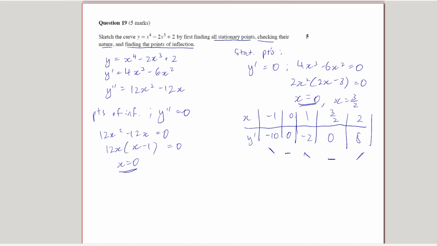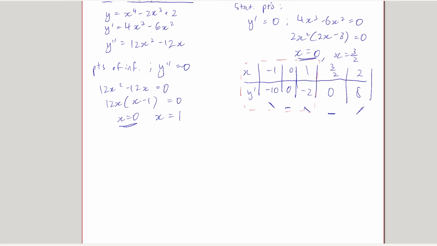If you look at x equals 0 on the table, we already found out that it's going to be a point of inflection, because if you follow this, it's going to look something like that. So that's just a double check as well. Now we also need to test x equals 1.